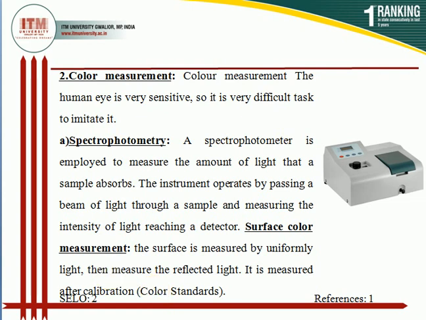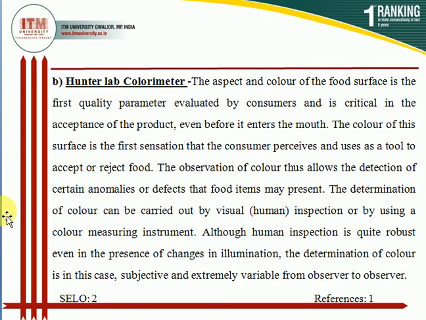Here is the Hunter Lab color, a second colorimeter. With the use of this Hunter Lab color we can measure the color of the product. With the spectrophotometer we can only measure the color of liquid products. In solid products we can measure the color by the Hunter Lab color and the Minolta colorimeter.